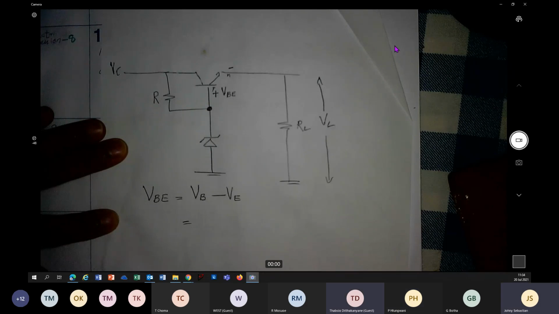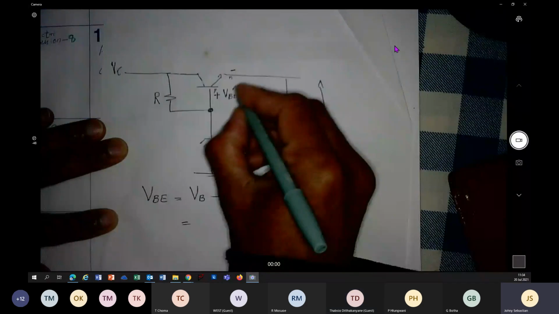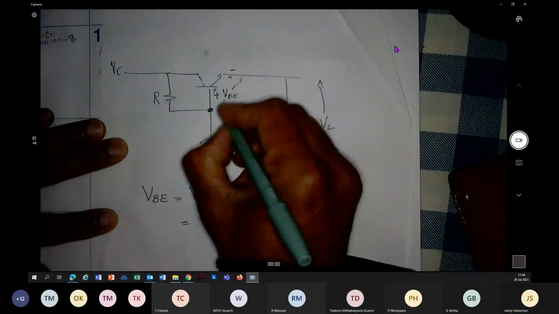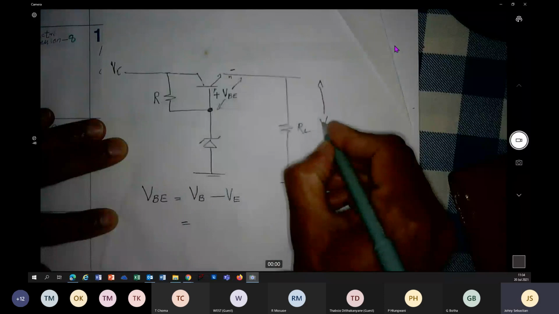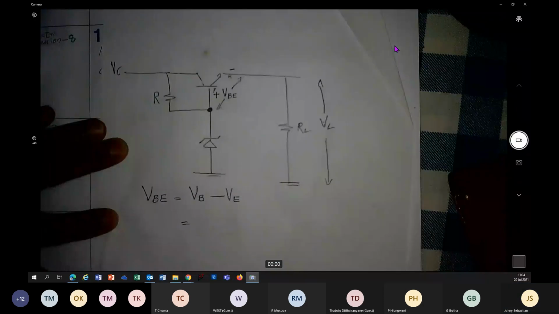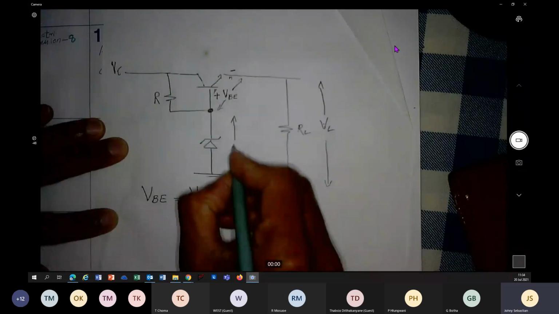VL. Voltage at the base is VL. So since you said that they are parallel, the voltages are going to be the same. VBE is this voltage. That is VL. You are forgetting about that. What is it?